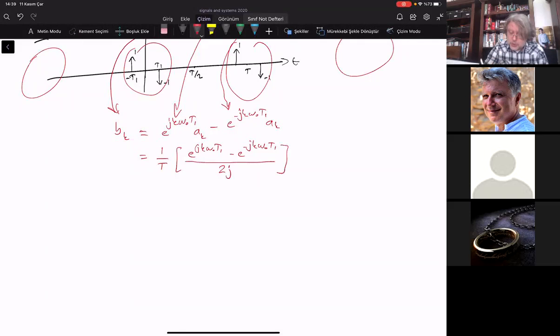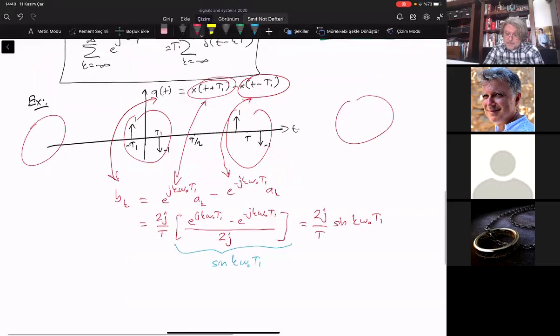So I put in over 2j, and in order to compensate for that, I'm going to multiply everything with 2j. So the 2j's will cancel, but I don't want to cancel them because I need it in this format, where this thing is essentially sine k omega 0 T1. Therefore, this is equal to 2j over capital T sine k omega 0 T1. This is b_k.